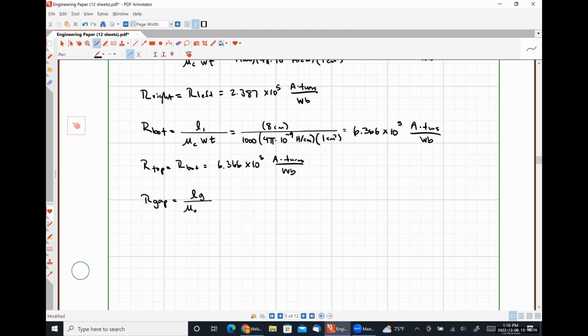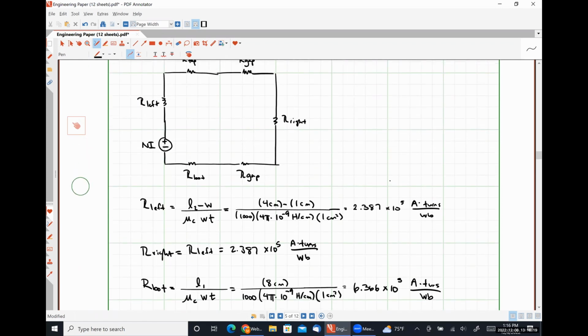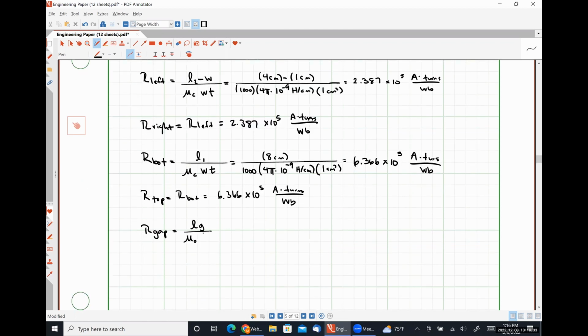And then we have to deal with our area, right? So because we have an air gap, we're not just going to use our core cross-sectional area of W times T. The general rule of thumb is to increase the lateral dimensions of our core air gap by one gap distance. So that means we're going to increase the width by Lg and the thickness by a factor of Lg.